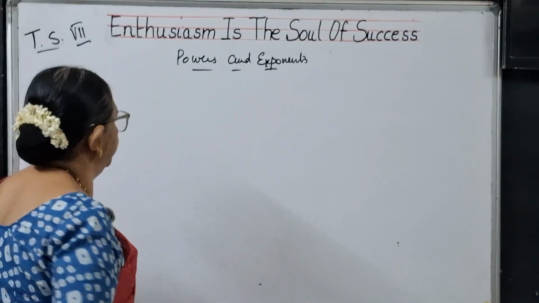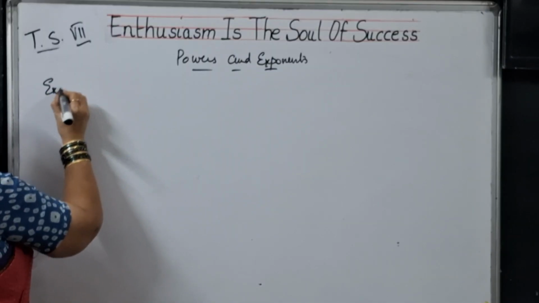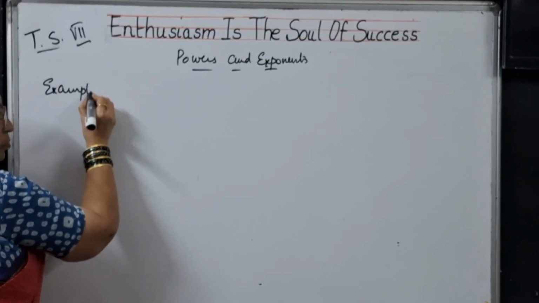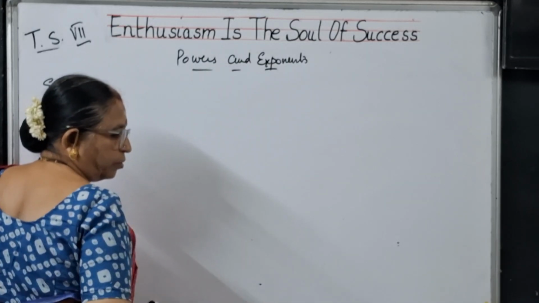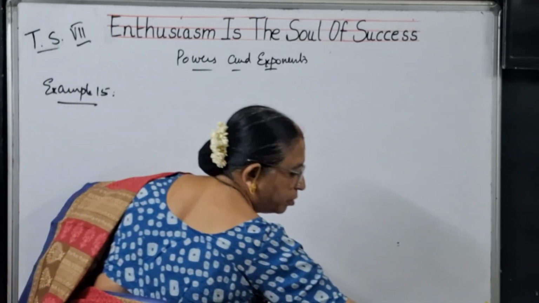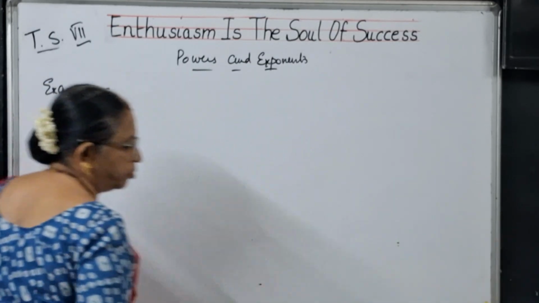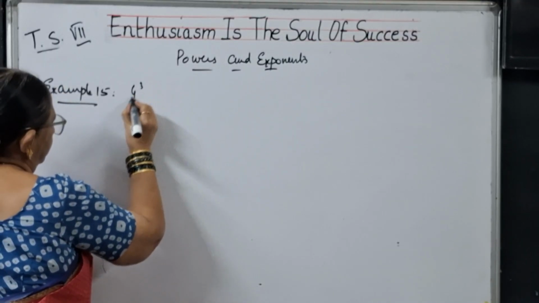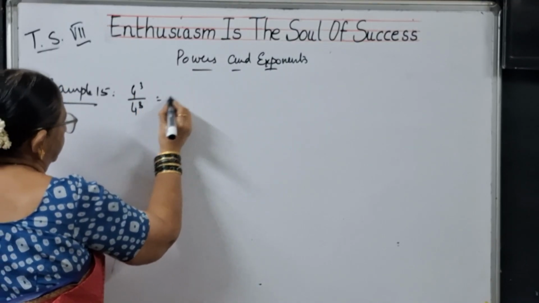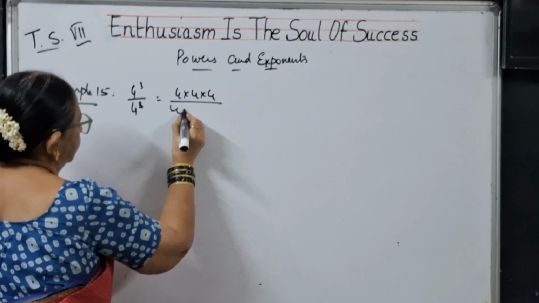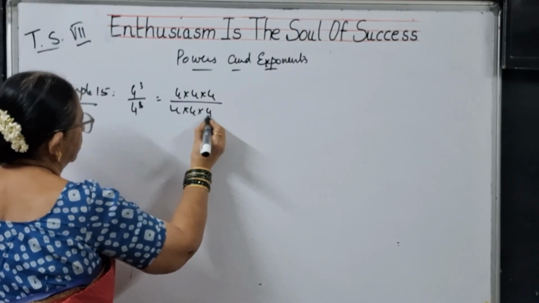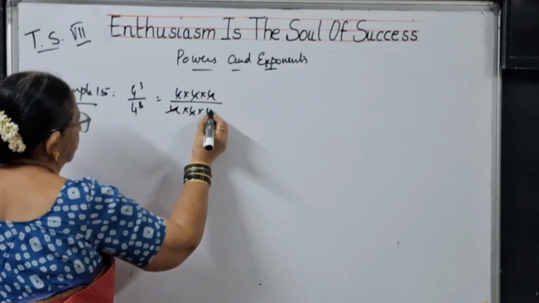Now, example 15. 4 cube by 4 cube. How will you write it? 4 into 4 into 4 by 4 into 4 into 4. How much are you getting? These all are cancelling.